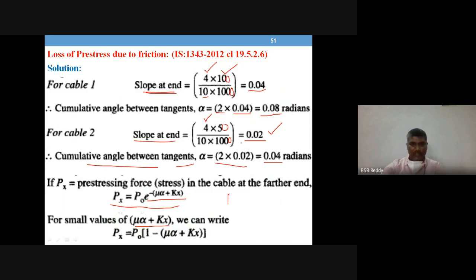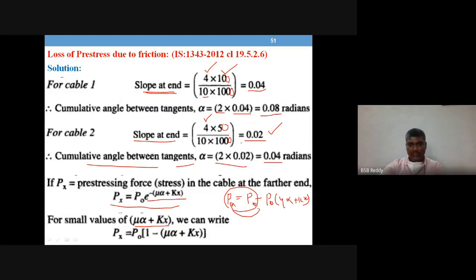So Px is equal to P naught minus P naught into mu alpha plus Kx, if you send P naught inside, right? So P naught minus Px is the loss value.